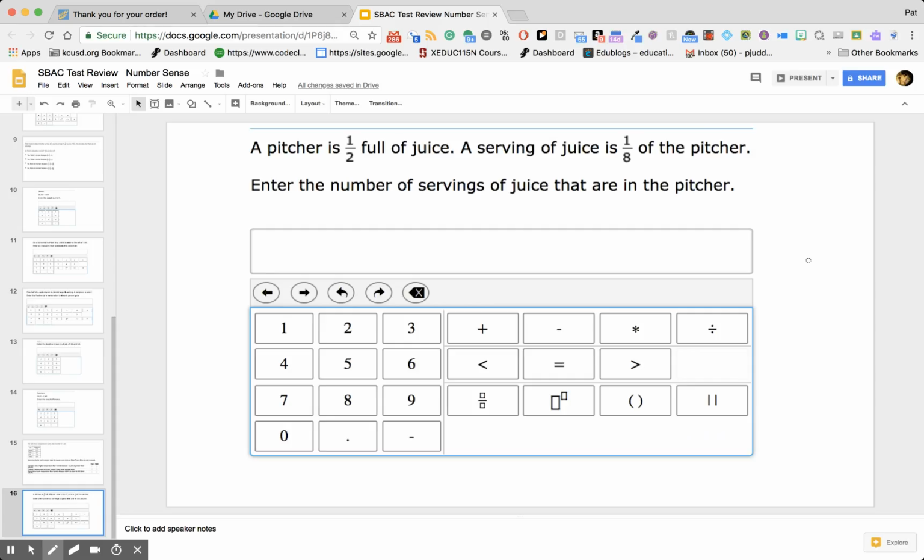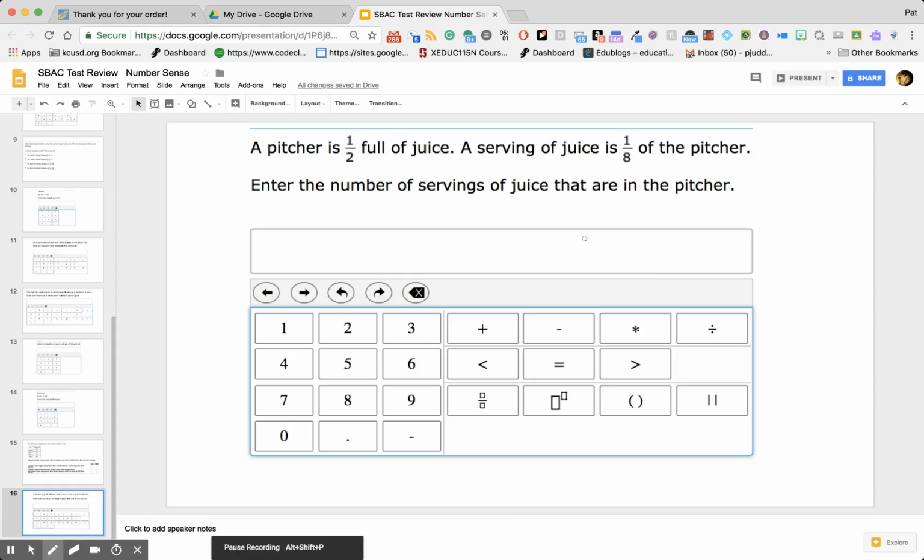How many 1/8 servings would you have in 1/2 is what they're asking. Pause the video here. Take about 2 minutes to work with your partner and decide what the answer should be. Okay, pause and come back in 2 minutes.